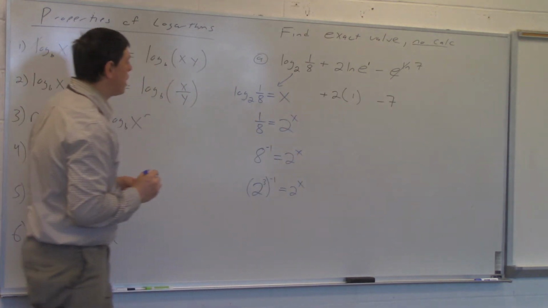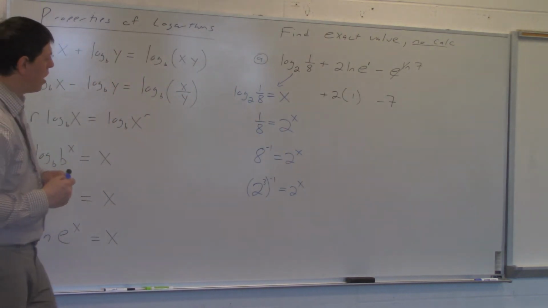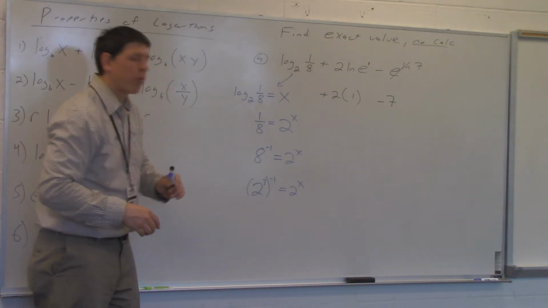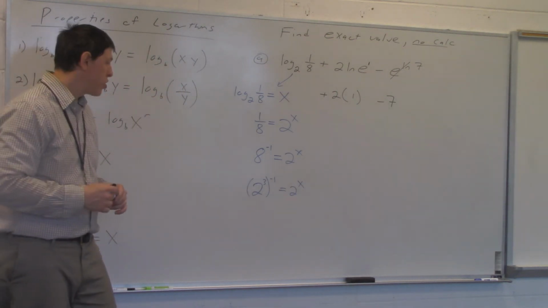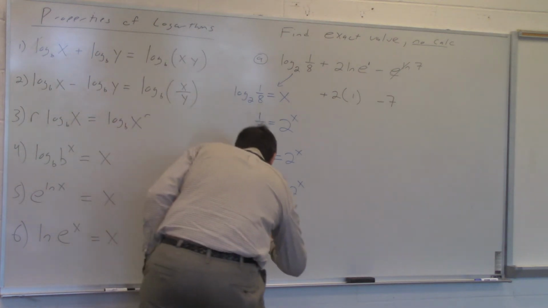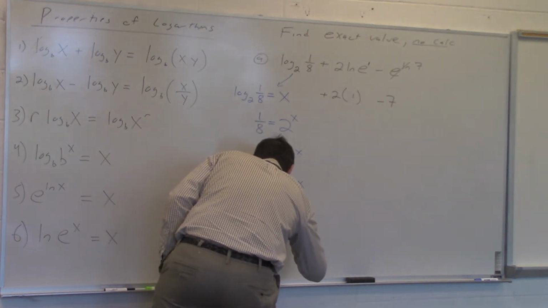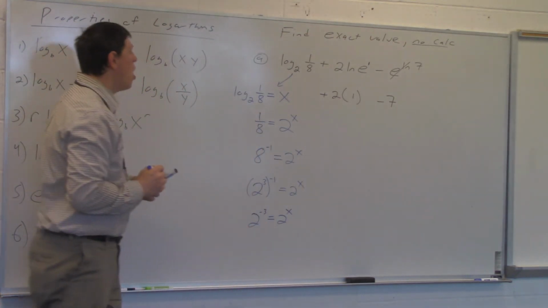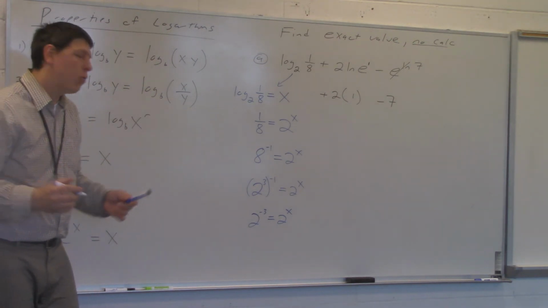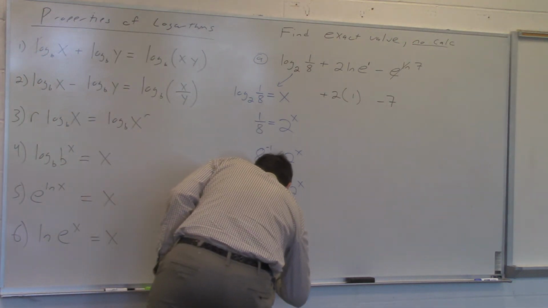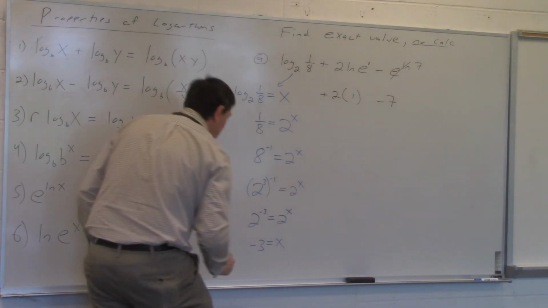And hopefully it's fairly easy to see that you can multiply the 3 and the negative 1 to get 2 to the minus 3 equals 2 to the x. Or in other words, negative 3 equals x.